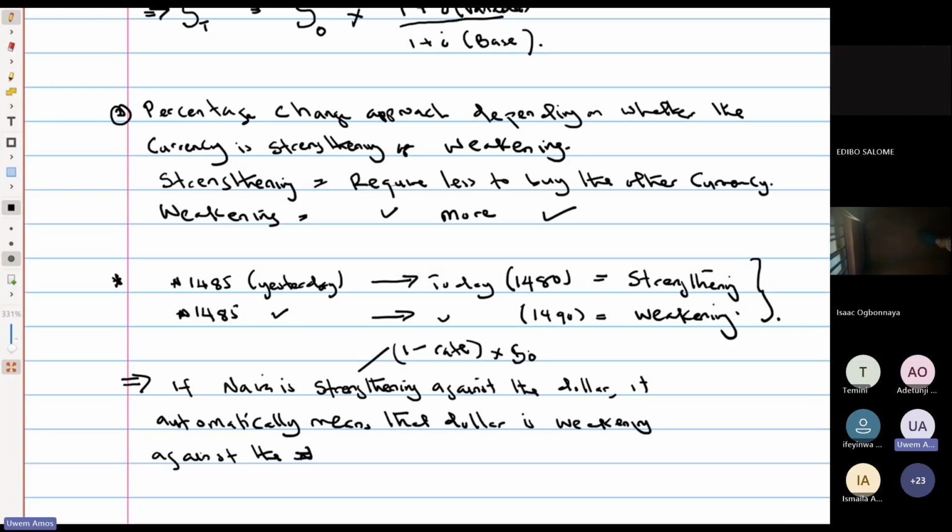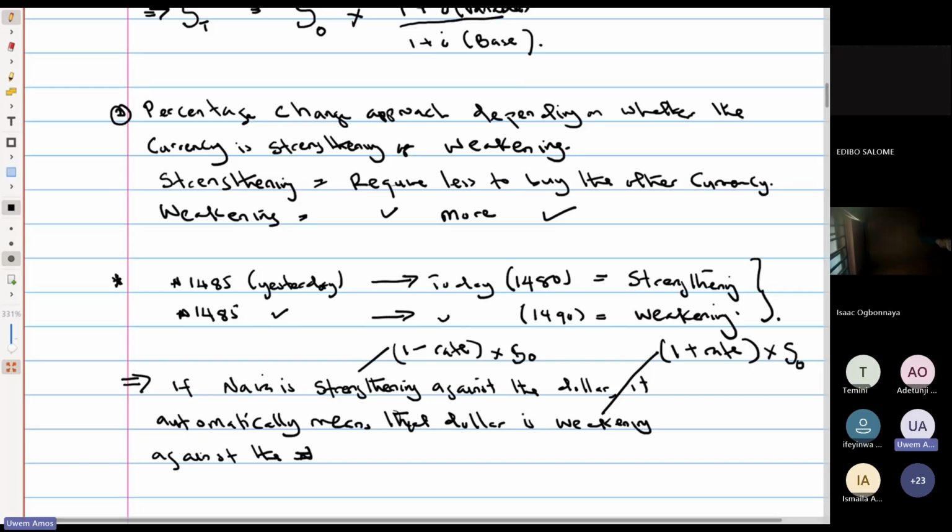And if it is weakening, the formula is 1 plus the rate by which it is weakening, multiplied by the exchange rate at the beginning of the period. So if it is strengthening, it's 1 minus, because you need less. So subtract it because you need less. If it is weakening, you need more, so you're adding because you need more.